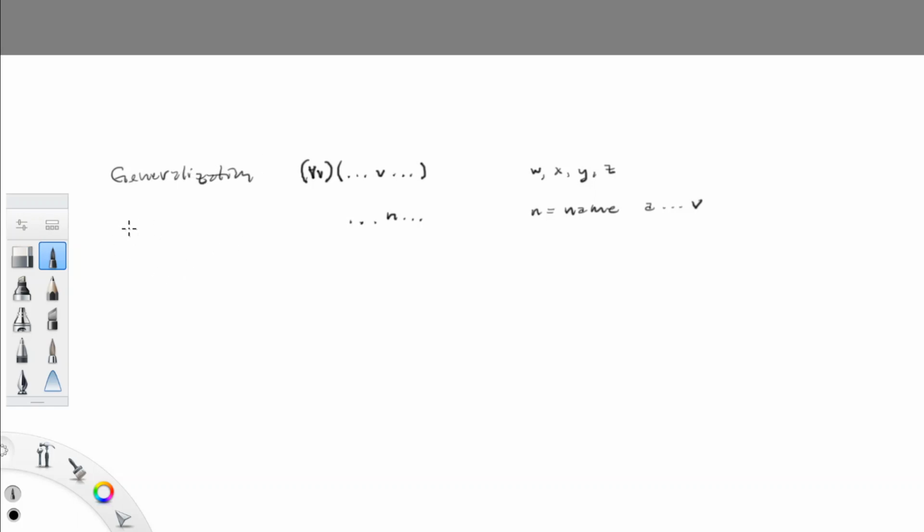And we would call this bottom line an instance. Sometimes an instance is called a substitution instance. And sometimes it's called a uniform substitution.